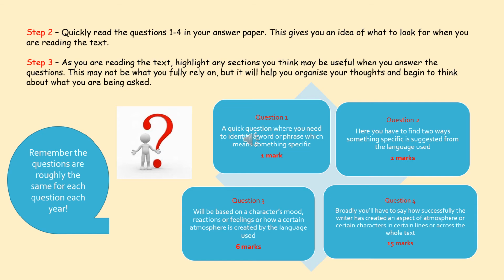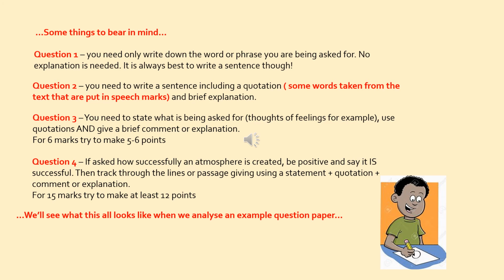So question 3, for 6 marks, you might be asked how a character's mood or reactions or feelings are shown, or how atmosphere is created with the language used. And then question 4 often asks you how successfully you think something has been created within the writing.